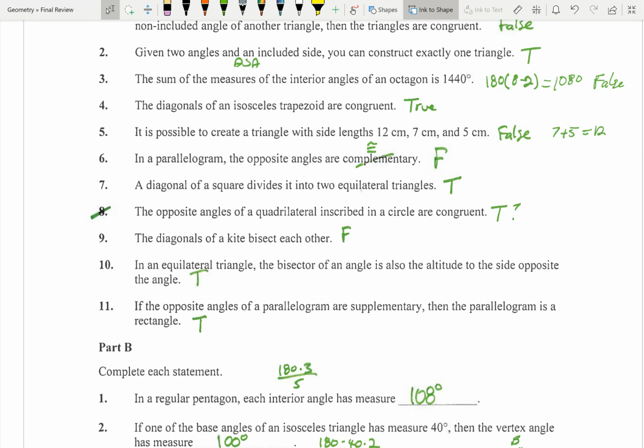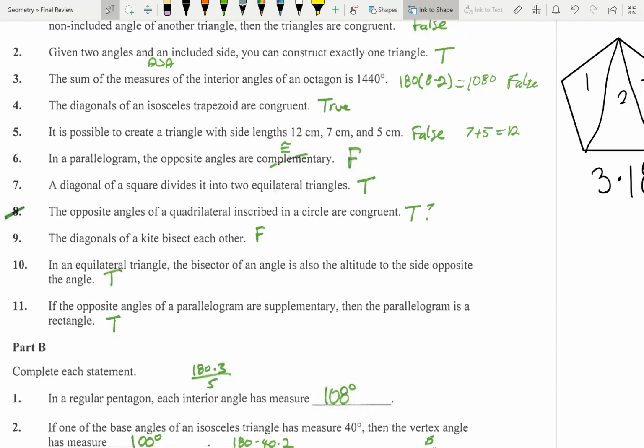A diagonal of a square divides it into 2 equilateral triangles. It says true, but I don't think it is.